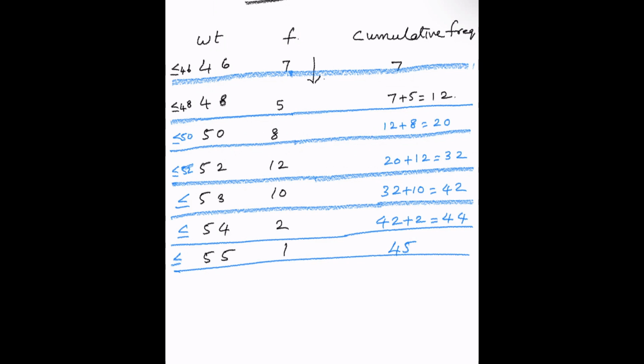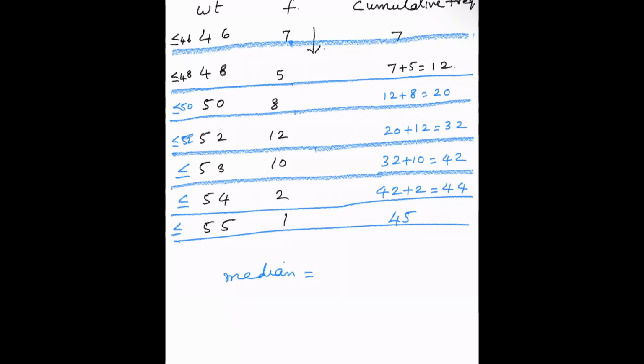The thinking process is like this: if I ask how many children have weight less than or equal to 52, you should immediately say 32.